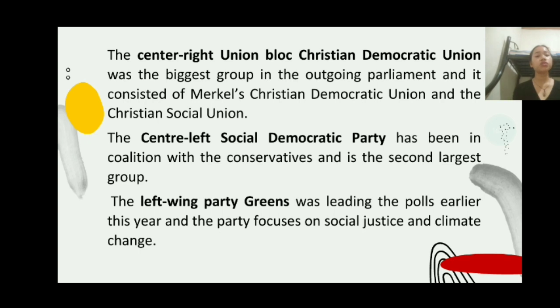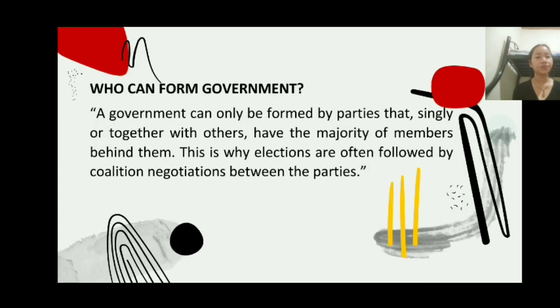The center-left Social Democratic Party has been in coalition with the conservatives and is the second largest group. On the other hand, the left-wing Greens was leading the polls earlier this year, and the party focuses on social justice and climate change.